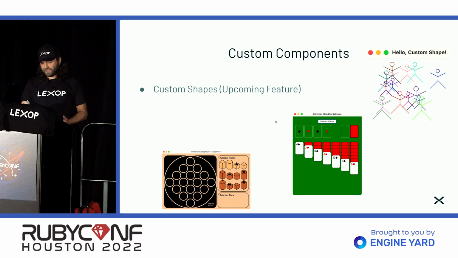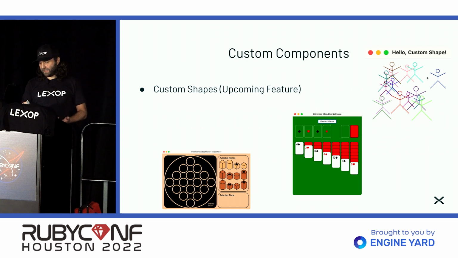The last type is custom shapes, which is an upcoming feature in Glimmer DSL for LibUI that lets you compose any complex shapes out of simpler shapes. Once you build, for example, a shape called stick figure, you can reuse the keyword stick figure anywhere in your DSL, and it just gives you the stick figure right away with everything you would expect from a stick figure.